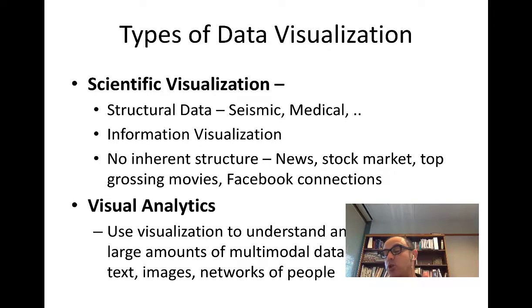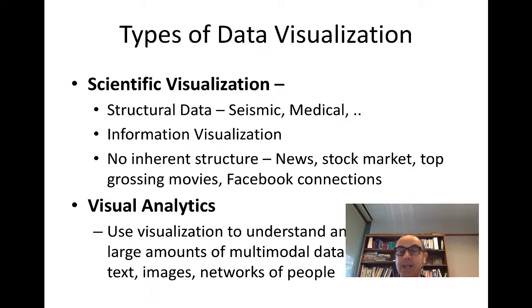There are two types of visualization: scientific visualization and visual analytics. Scientific visualization consists of structural data, for example medical data, or data that is collected from the clouds. Those are very structured sets, which allows us to use specific products in order to do that.